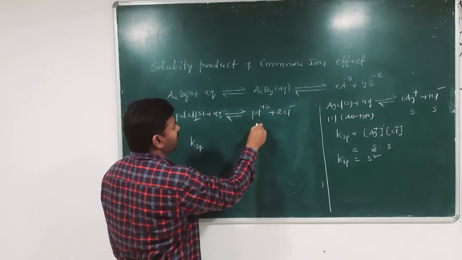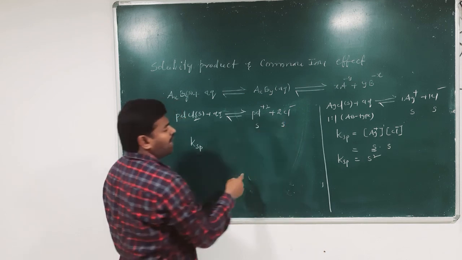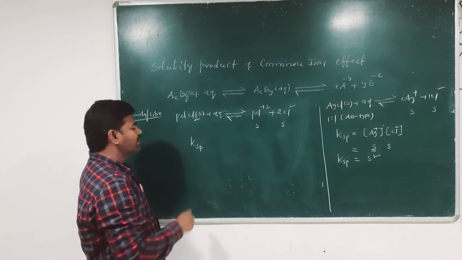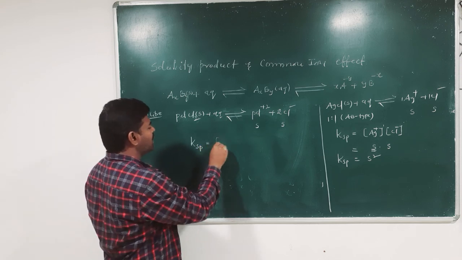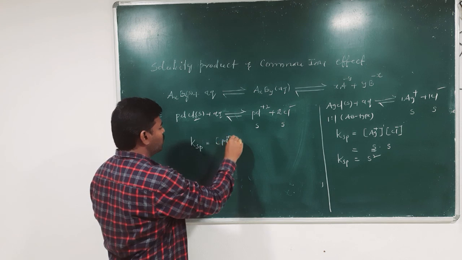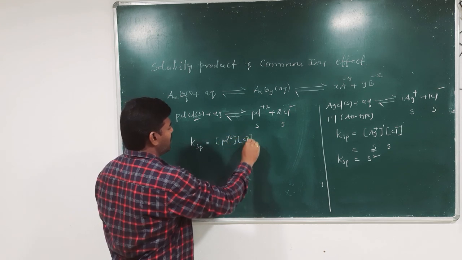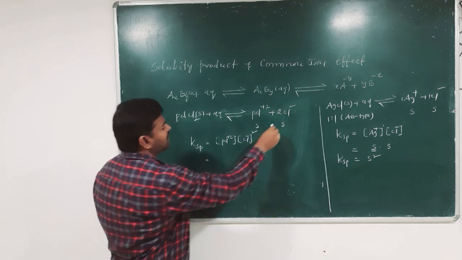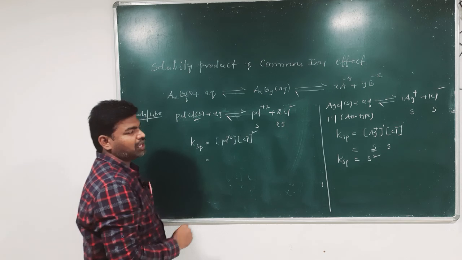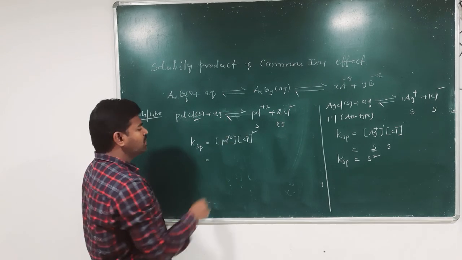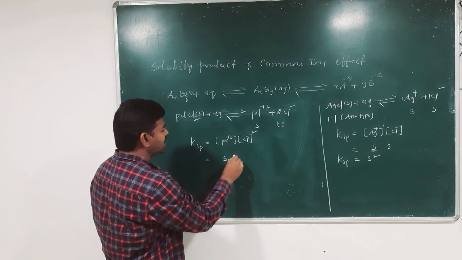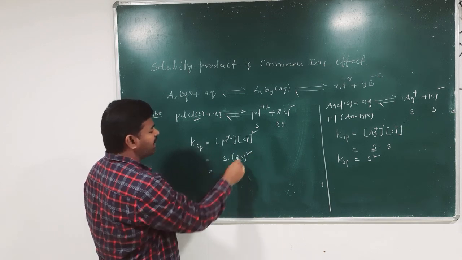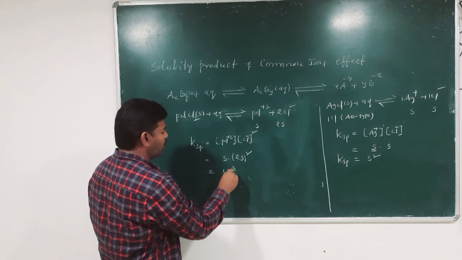The molar solubility of Pd2+ is S and of Cl- is 2S. I hope you all understand how these S values come. So Ksp is equal to the concentration of Pd2+ times the concentration of Cl- squared. This concentration is 2S because there are 2 moles of Cl-. So this is S and this is (2S) squared, which gives 4S cube.